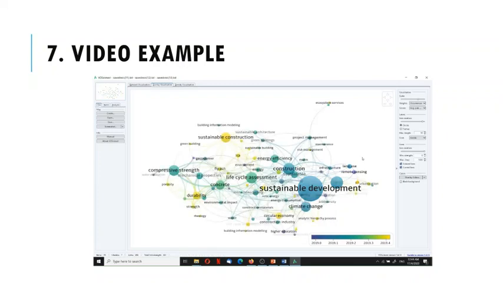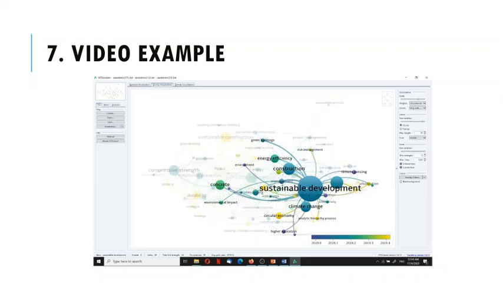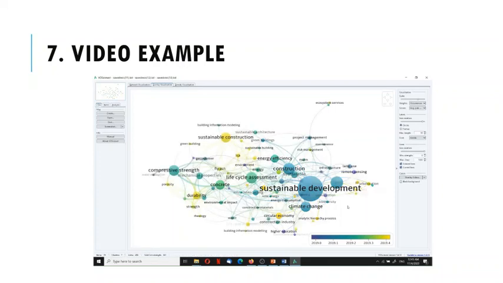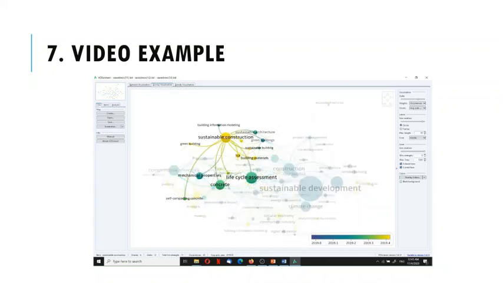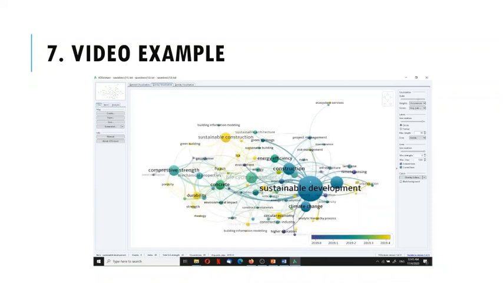So I can say that the keyword sustainable development has been published quite early compared to sustainable construction, and therefore it has a higher number of occurrences.